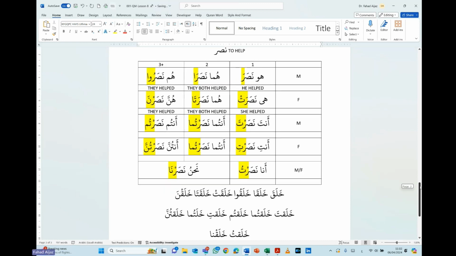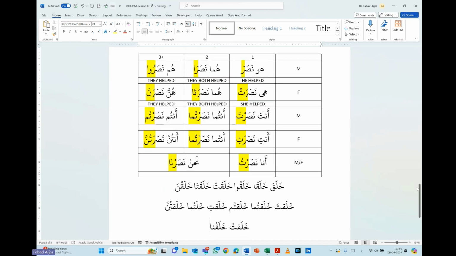So, of course, now you know what you need to do. You need to build up this, firm this up in your mind. We forgot to translate it. Anta nasarta is you helped. You antuma nasartuma, you both helped. Antum is you all helped. In English, you would probably say you to all three of these.